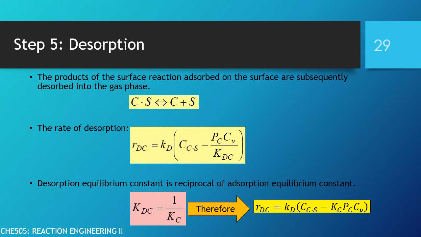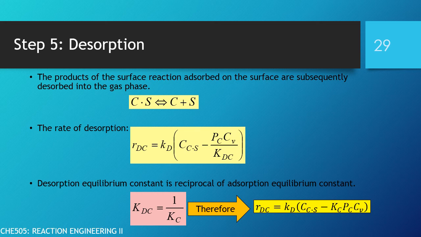Therefore, the rate of desorption, r_DC, the rate of desorption for product C, is equal to k_D, the rate constant of desorption, times the bracket C_C.S, the concentration of your product attached to the active site, minus P_C. Now your product after desorption is in the gas phase, so we express the product C in terms of the partial pressure of C.